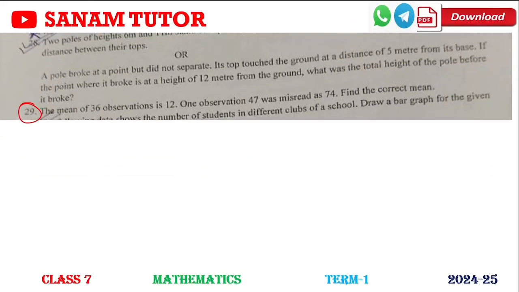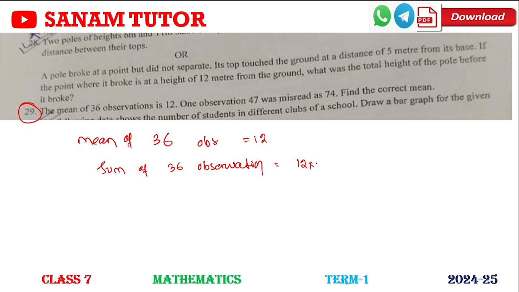Question number 29 already solved. So how to solve? Now first write down mean of 36 observation equal to 12. Now find the sum of numbers. Sum of 36 observation equal to multiply, that is mean into number.